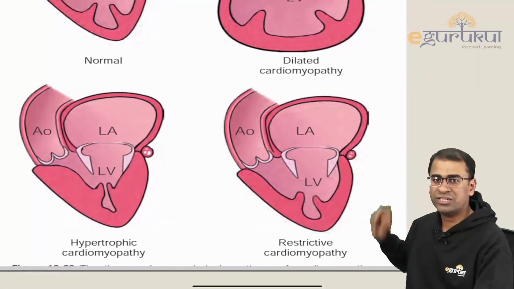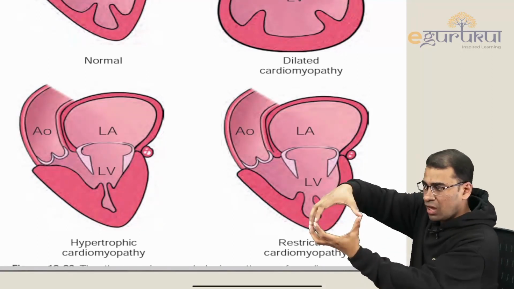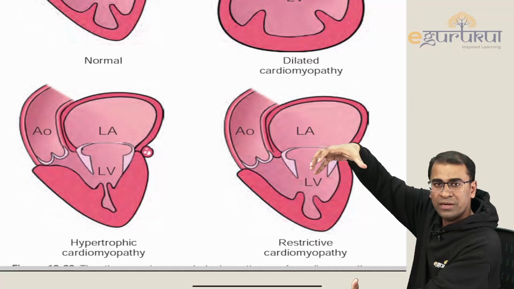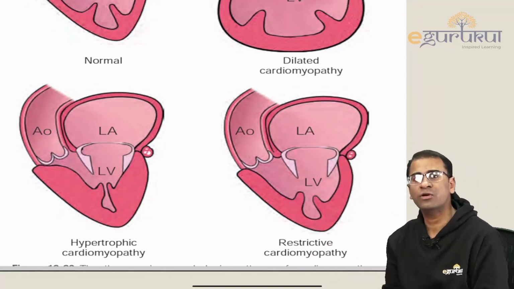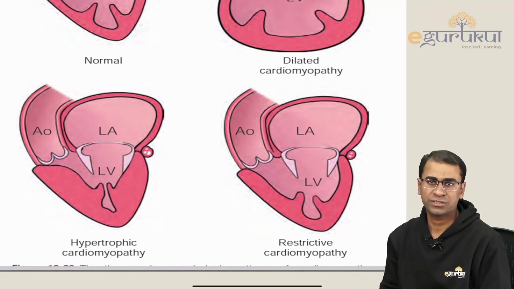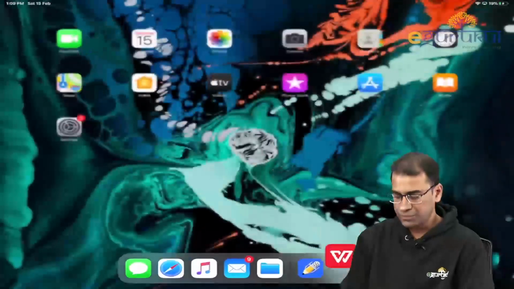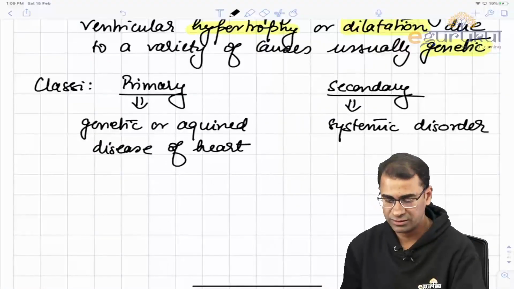And this one is restrictive. Again, the problem is diastolic dysfunction because of restriction, so the heart cannot expand properly. The restriction may occur because of tumor, amyloid and various other causes.